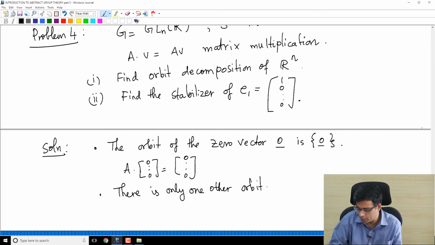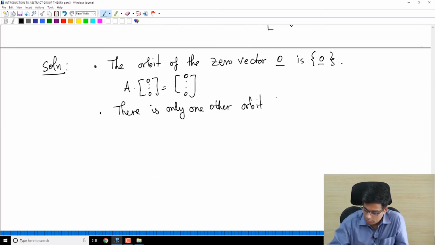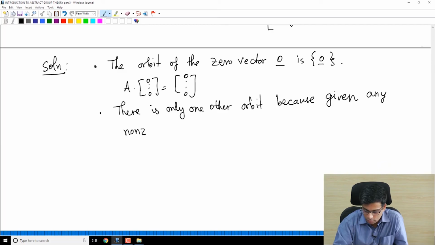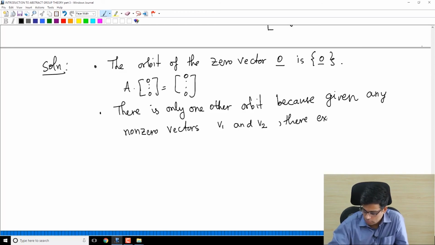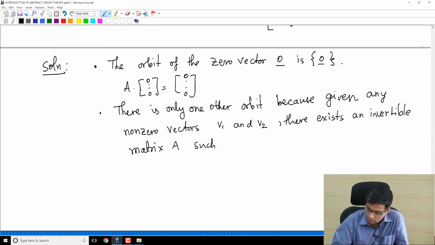There is only one other orbit because given any non-zero vectors V1 and V2, right? There exists an invertible matrix A such that A V1 is V2.